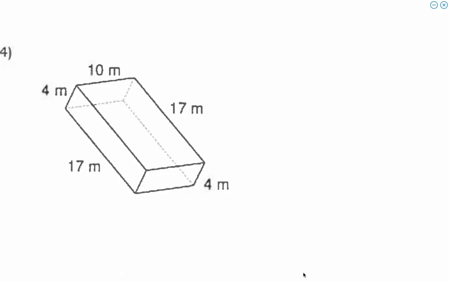All right, let's try and be creative here. Let's say that our base is right here. The thing about a rectangular prism, any two opposite sides can be bases. So that makes 10 my height.